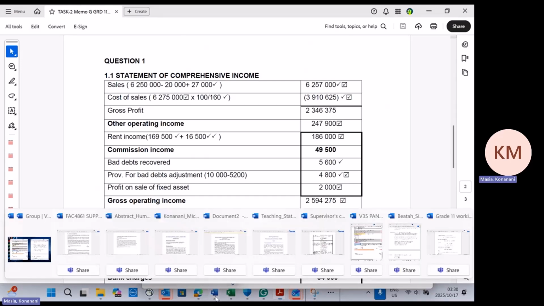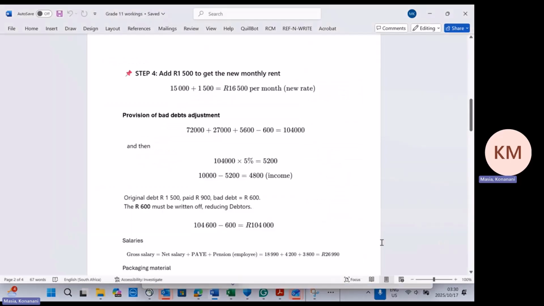Now, let me show you how I calculate that. My salary was net salary plus pay as you earn plus the pension which the employee has paid, which is going to be 18,990 plus 4,200 plus 3,800. How much this person earned is 26,990. The reason why I'm doing this is because I wanted to split the employer contribution. Remember, the employer contribution is also part of salary, but I'll show it separately.